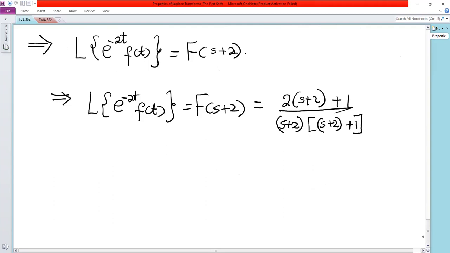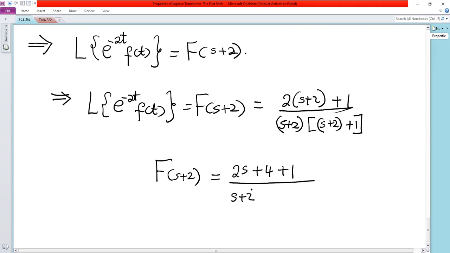Now expanding this, we will have capital F of s plus 2 equals 2s plus 4 plus 1 over s plus 2 into s plus 2 plus 1.